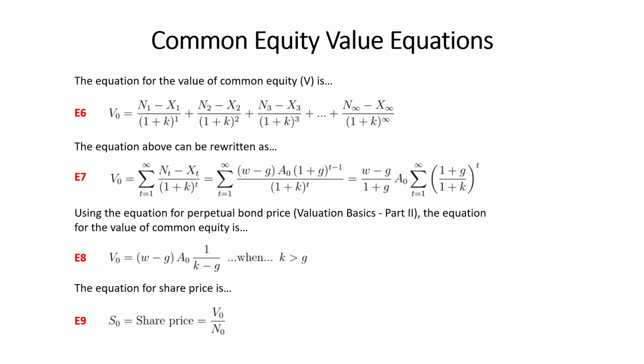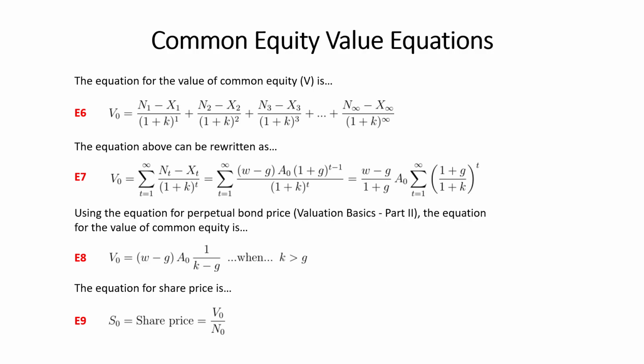And so using the equation for perpetual bond price, we can determine the value of common equity, and that's equation E8. So V subscript 0 equals. Remember in the perpetual bond case, the value of the perpetual bond was R minus G, which is the coupon rate minus the growth rate, times B subscript 0, which was the principal balance of the bond.